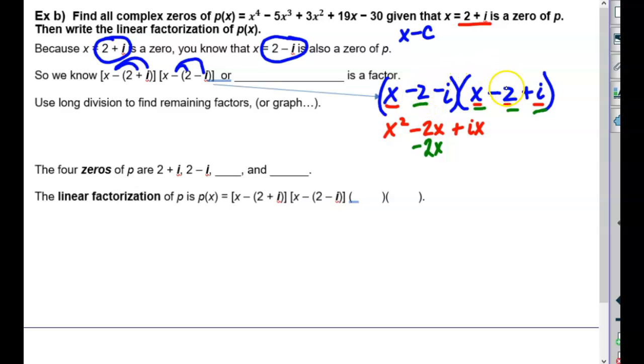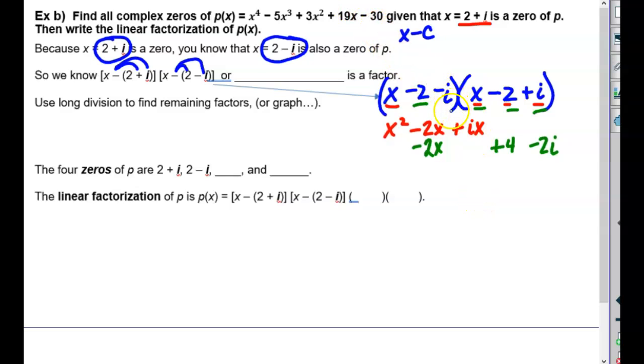Negative 2 times negative 2 would be a positive 4. I don't have anything that matches up with that, so I'm just going to write it out here at the end. And then negative 2 times this positive i would be a negative 2i, and I also don't have any plain old i's, so I'm going to write that out there.